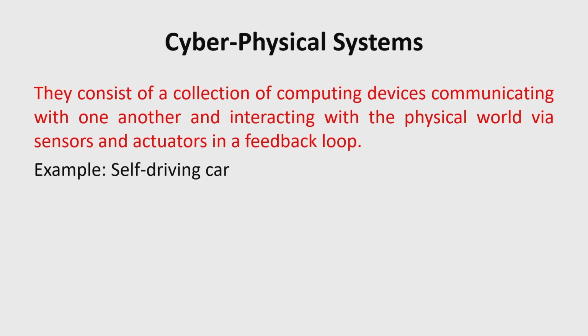That means there are physical objects which transmit data. Their brains are basically in the computer and they are properly controlled, and you give a feedback. Control is a very important part of that.